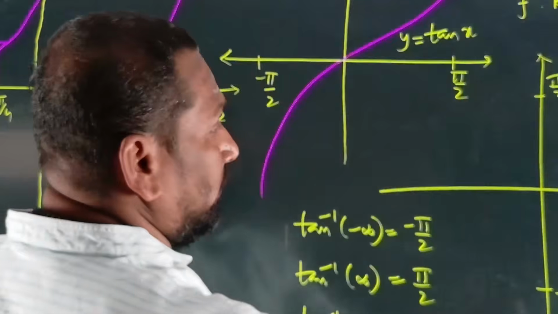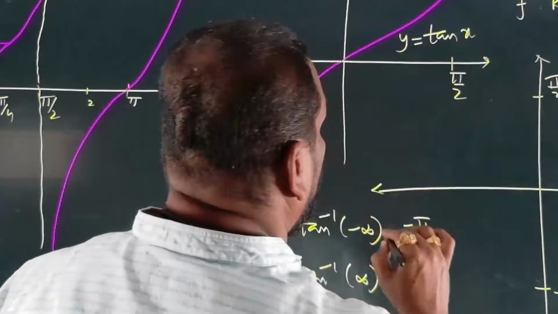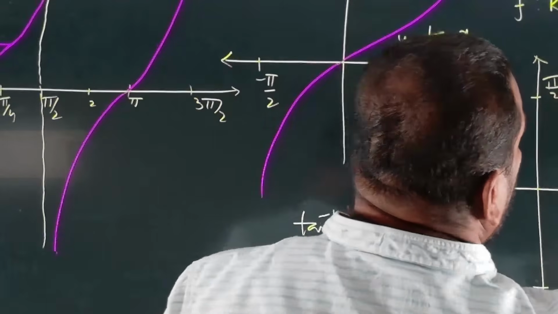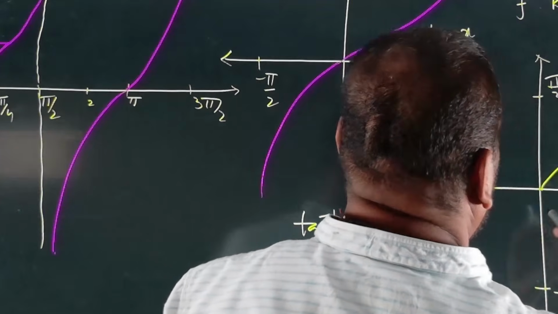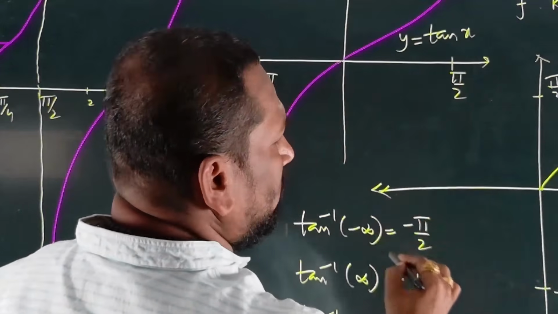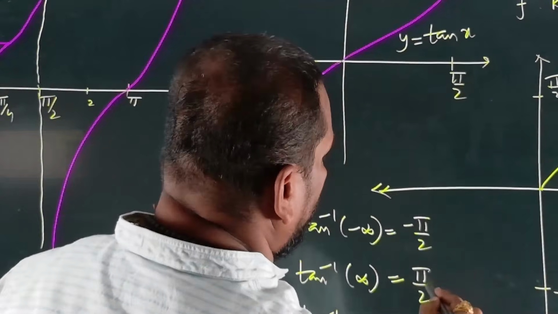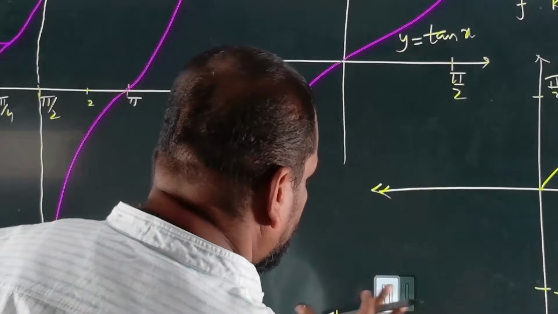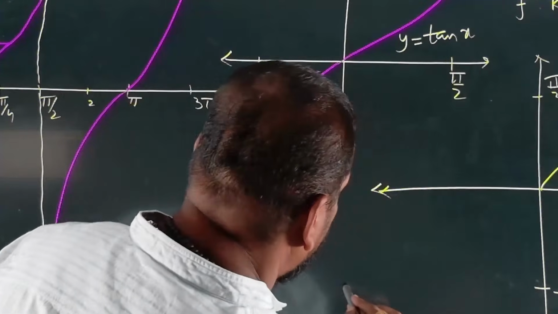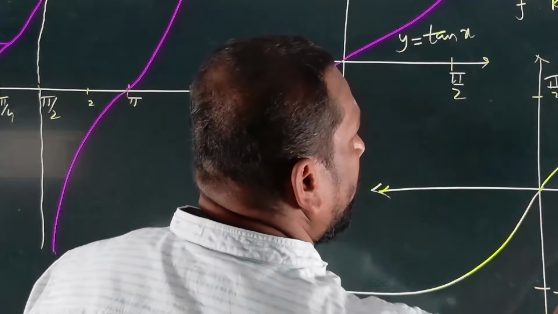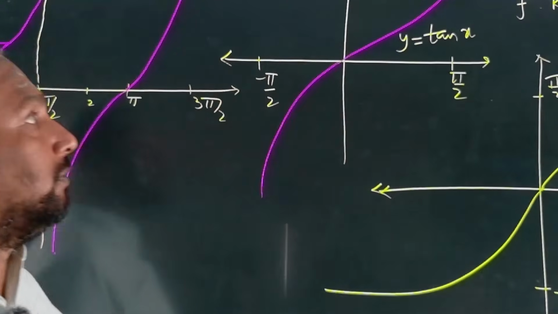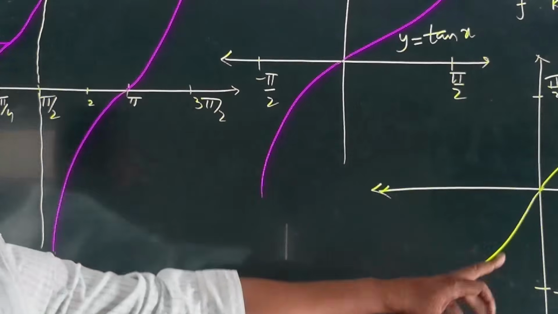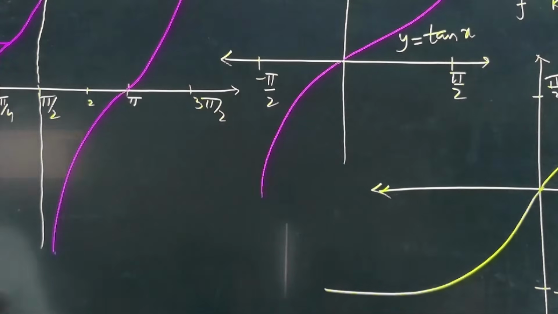So now if we take the graph, this is minus infinity, from minus infinity to minus pi by 2. So y is equal to tan inverse x graph. y is equal to tan x graph. y is equal to tan inverse x graph.